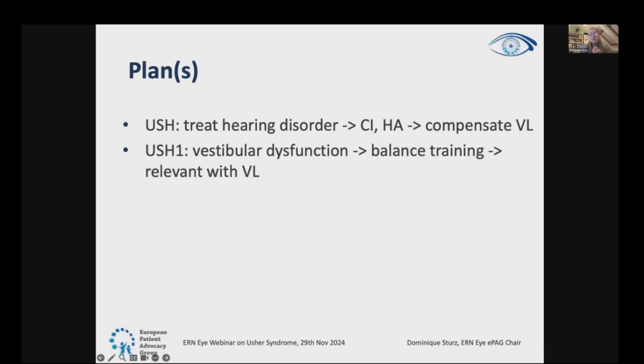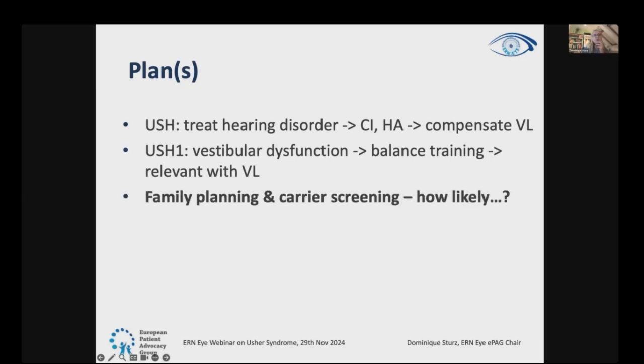Because for balance, you need speed. And if you have balance issues, you need more speed. And when you lose vision, you will have to reduce speed when walking. So these are both very relevant things to compensate vision loss, especially later in life. Also, in terms of family planning, you have heard all those questions. The first thing people ask is, is there a treatment out there and where can I get it? And the second one is, will my other family members also develop Usher syndrome?